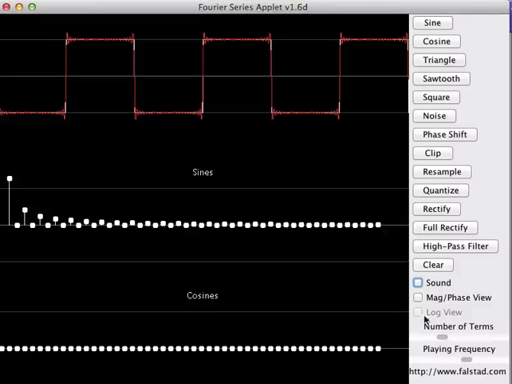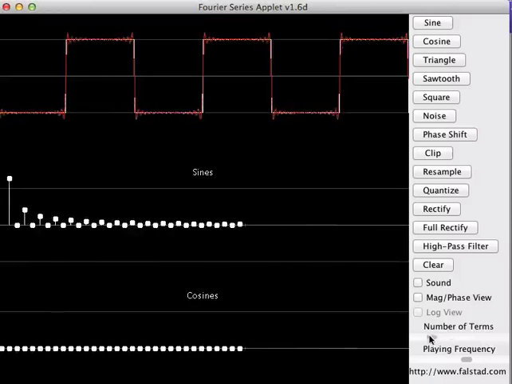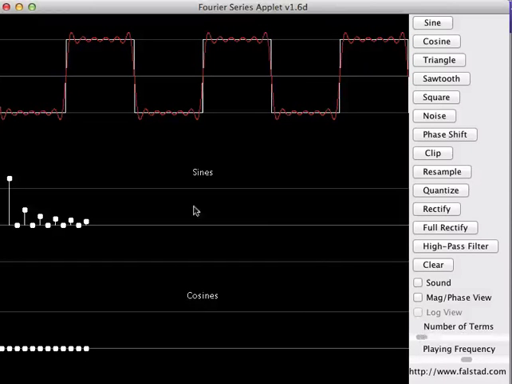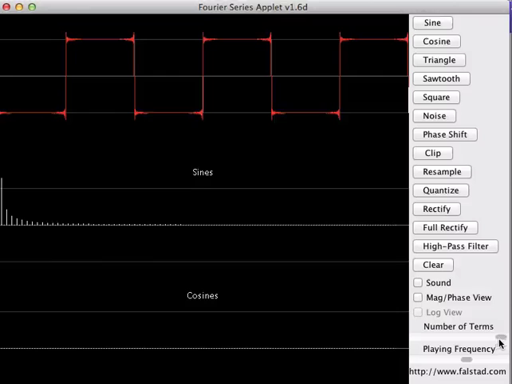But notice if I increase the number of terms here, what happens? It gets closer and closer to the actual one. If I use fewer and fewer, notice it's quite away from it. And if I increase more terms, the closer it approximates that square wave. And there's only a finite number of terms I can generate here.